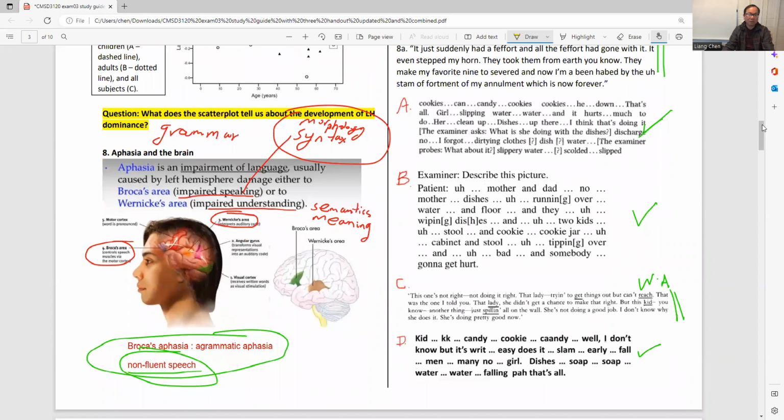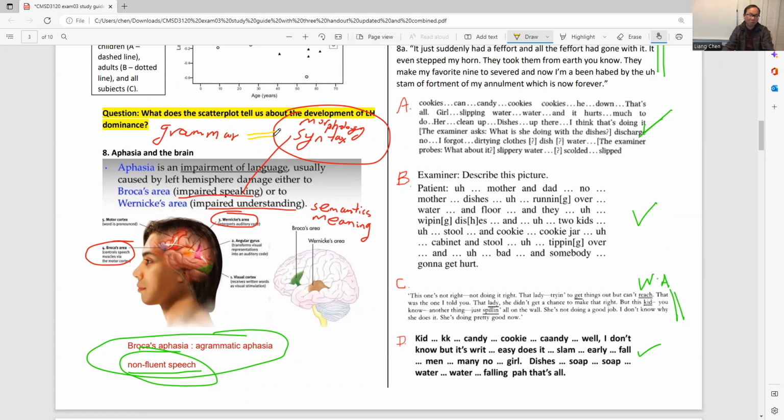Broca's aphasia, Wernicke's aphasia. If there is damage to Broca's area, we will see impaired speech. Morphosyntax will also be impaired, grammar as well, because typically when we look at grammar, we focus on morphosyntax.